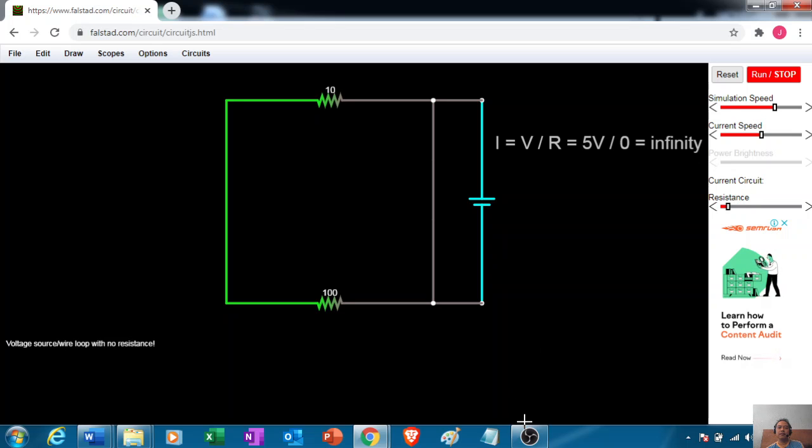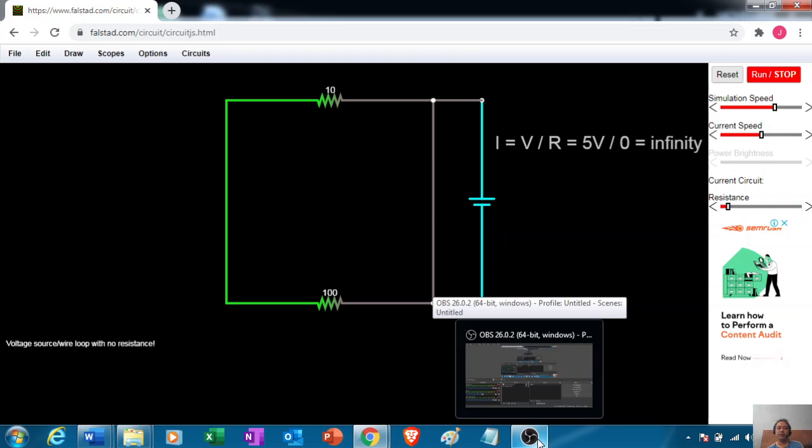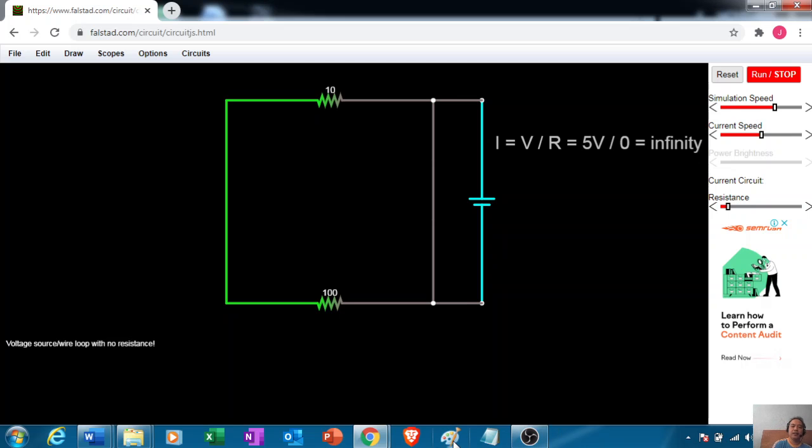Okay, as well as if you're going to add wire across the positive and the negative terminal of the source, or across the source, it will also explode the circuit, no, producing a very large current. Okay, thank you. Bye bye.